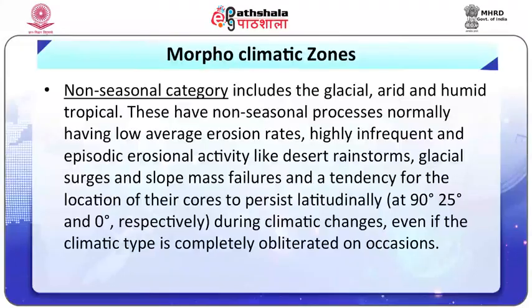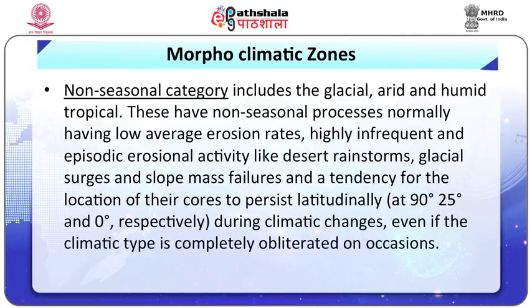C. These were grouped to generate 8 morphoclimatic regions which fall into 2 groups wherein the major geomorphic processes are either non-seasonal or seasonal. First, non-seasonal category includes the glacial, arid and humid tropical.